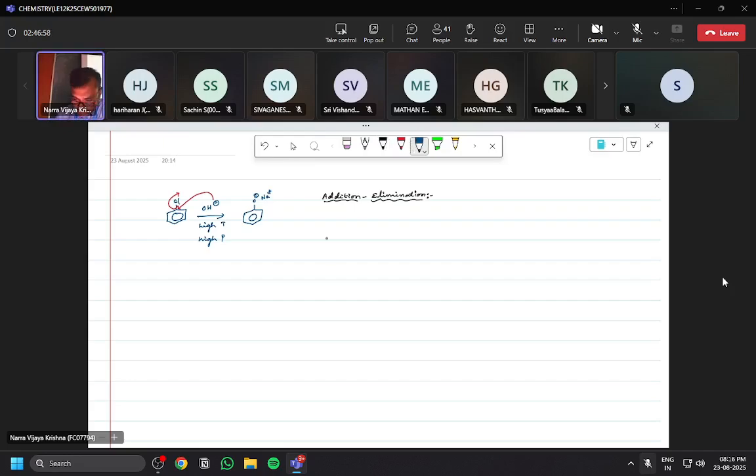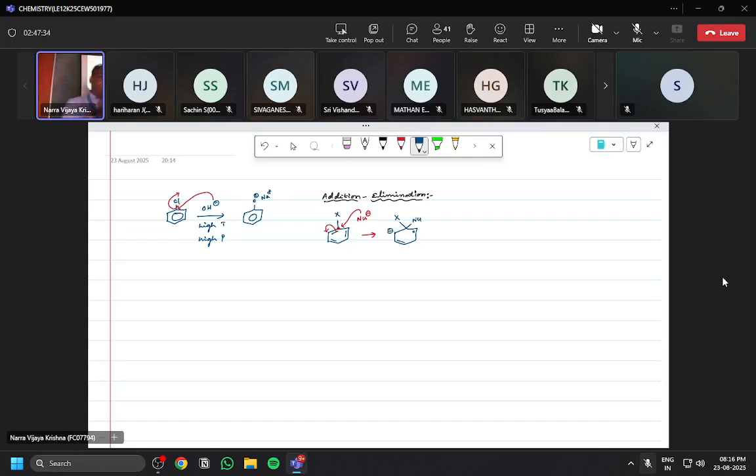So in this mechanism, if it is a halogen, because halogen is more electronegative, what about this carbon? The carbon gets a partial positive charge. So the nucleophile will go and attack over that, making this pi bond shift. So what will you get now? You will get X and the nucleophile, with a negative charge.